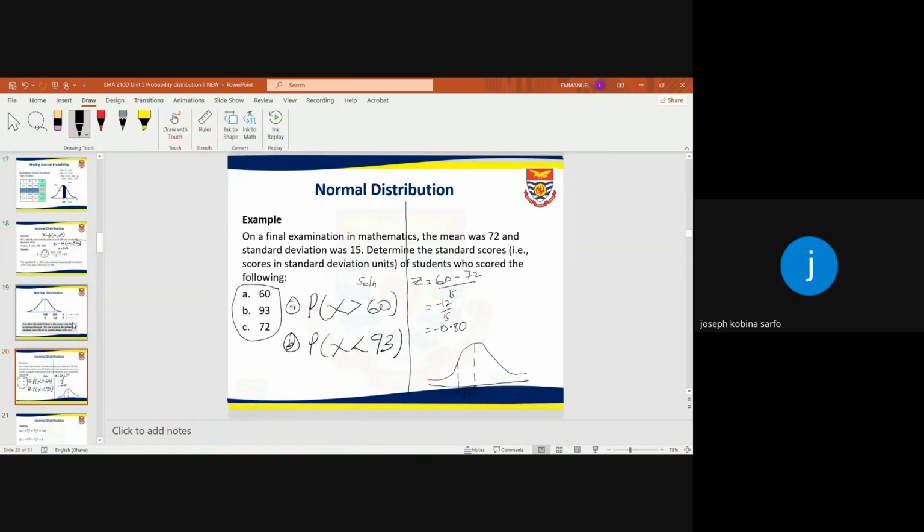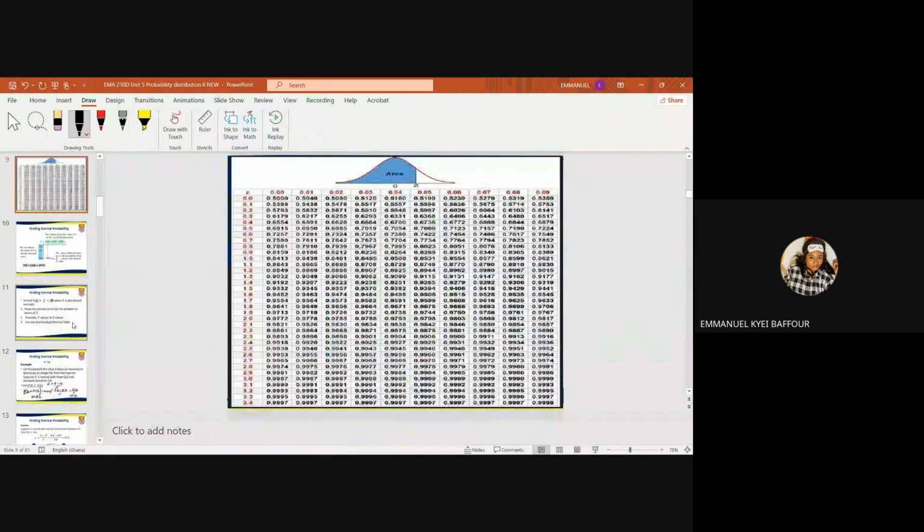From the table, when you look at the z score 0.8, you locate 0.8.